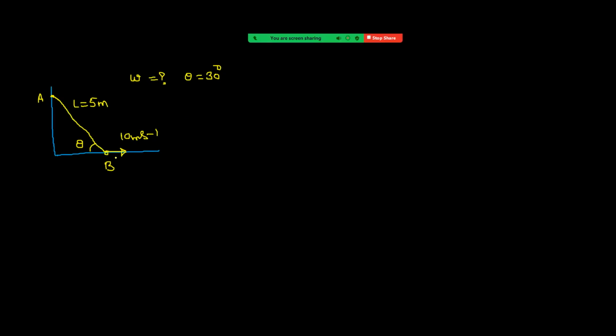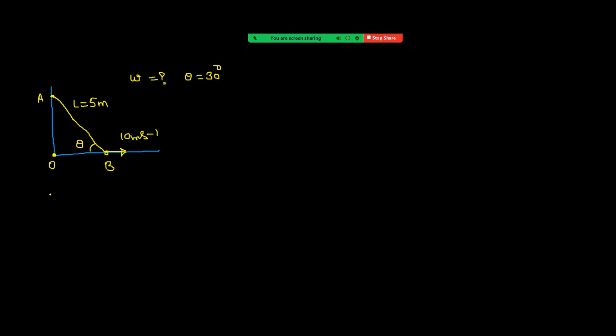So just now we have discussed omega equals d theta by dt, right? So here we can write theta as a function of this velocity. See how to take it.